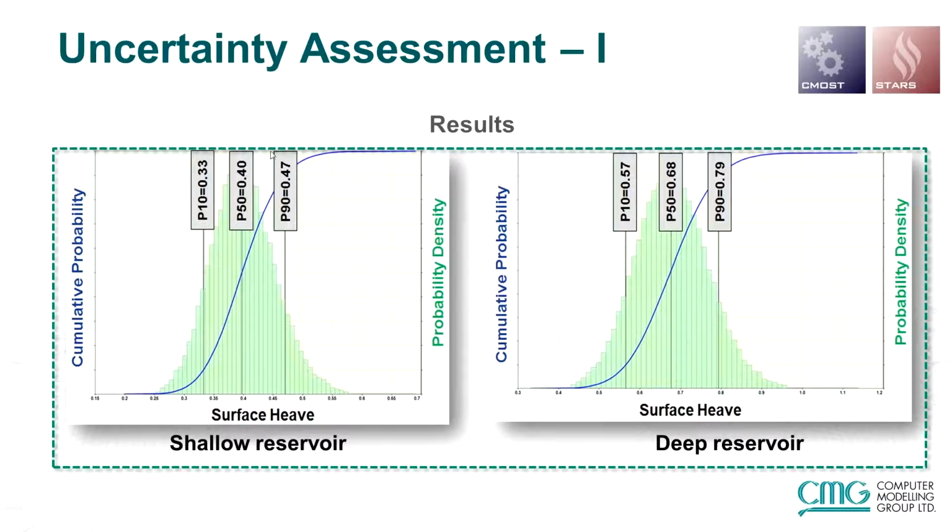In some cases, you may see that the heave is about 40 centimeters, but in some cases, while changing these properties, it may increase to 50, 55 centimeters in the case of the shallow reservoir, and we had similar experiences for the deep reservoir as well. That tells you that even though you have optimized your case, it may still not be completely safe considering there is an uncertainty in all the properties. So that was our first uncertainty assessment.